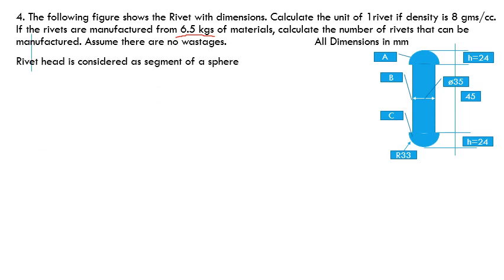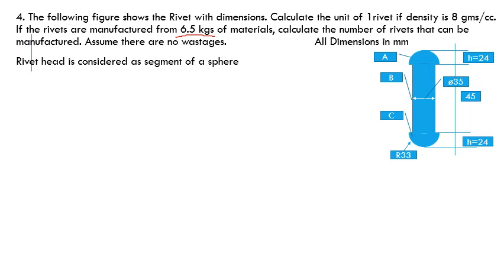Procedure remains the same. There won't be any difference. And what we need to remember is that a rivet head is considered as a segment of a sphere. It's not a hemisphere. Please try to understand. A rivet head is not a hemisphere. Even though it looks like a hemisphere, it is less than a hemisphere, and that's why it is considered as a segment of a sphere.